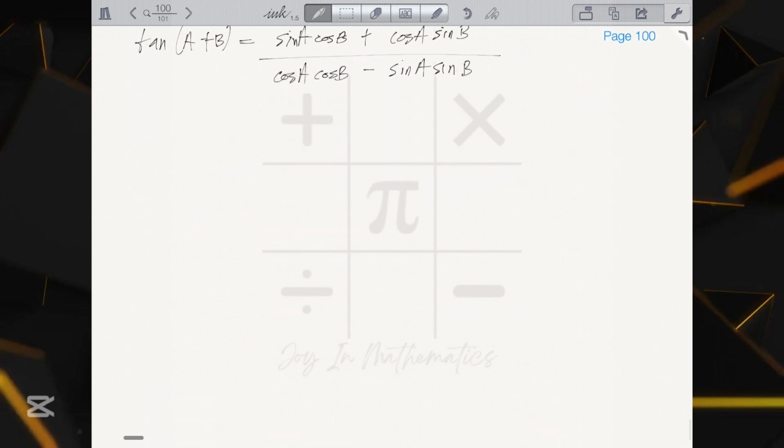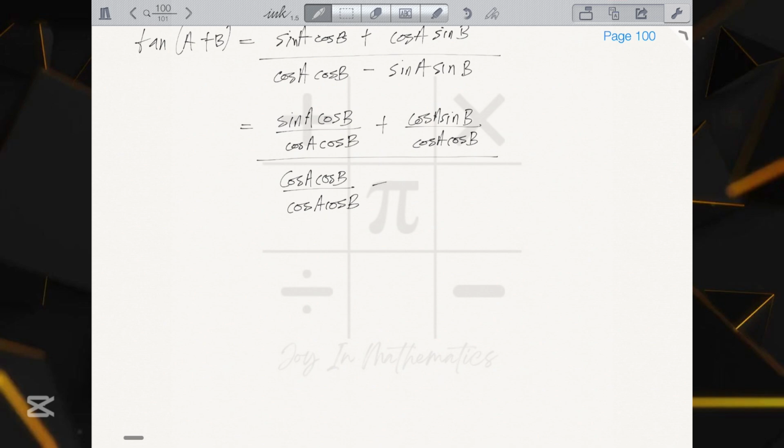So we'll have sine a cos b divided by cos a cos b plus cos a sine b divided by cos a cos b. That's the numerator, and the denominator will have cos a cos b divided by cos a cos b minus sine a sine b divided by cos a cos b.